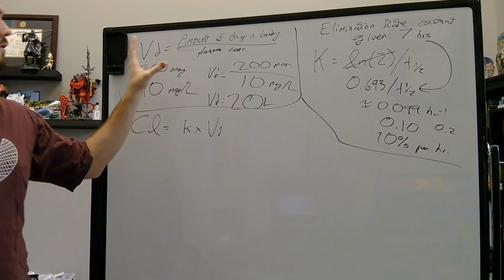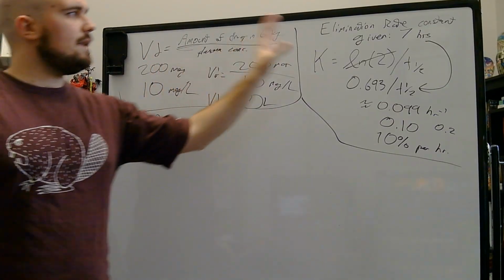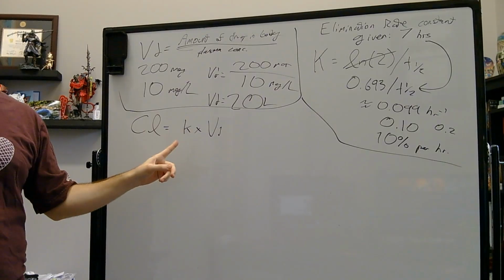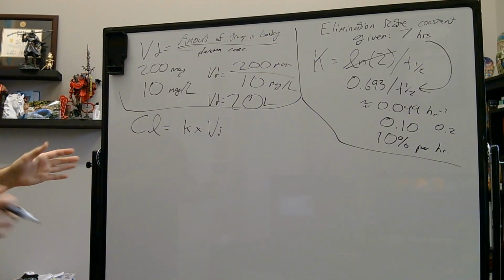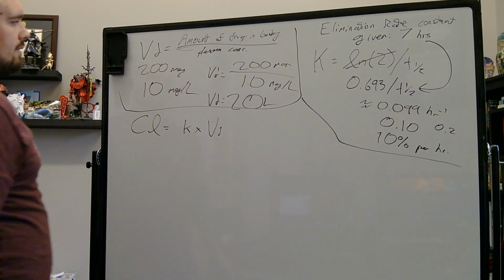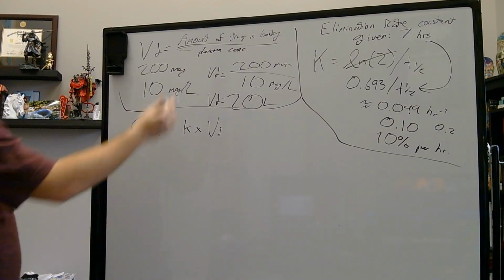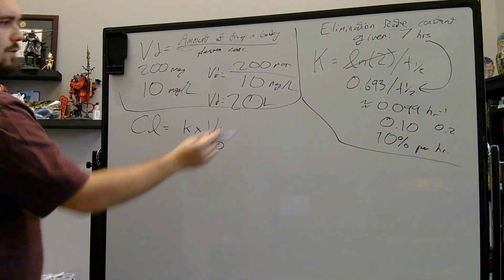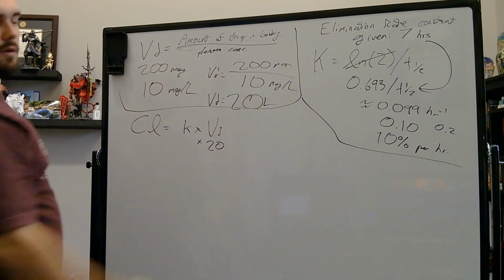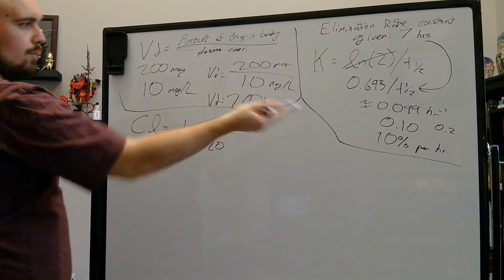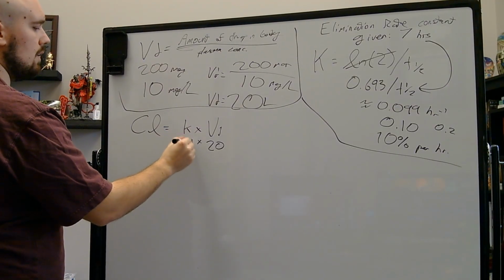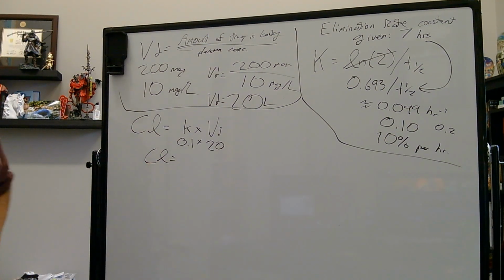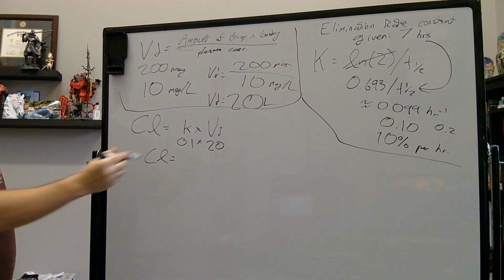First you find the volume of distribution, then the elimination rate constant, and with both together, you can solve for clearance. So we have a volume of distribution of 20, multiplied by the elimination rate constant of 0.1, and that gives us a clearance of 2 liters per hour.